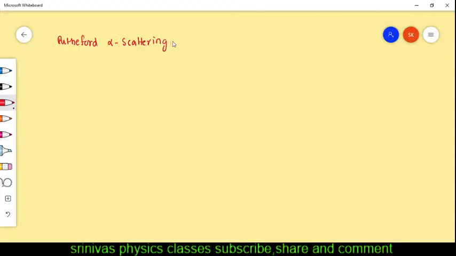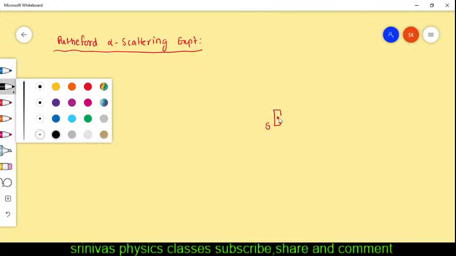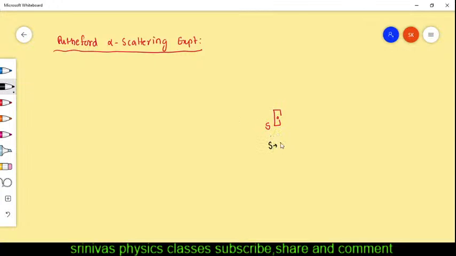What is the Rutherford alpha scattering experiment and what does it explain? According to the Rutherford alpha scattering experiment, he took one source. S is the source of alpha particles. What is an alpha particle?